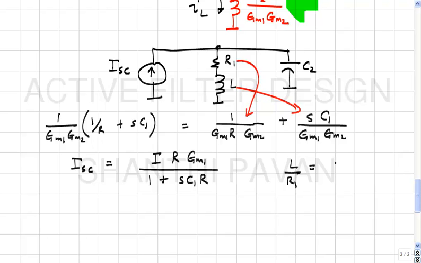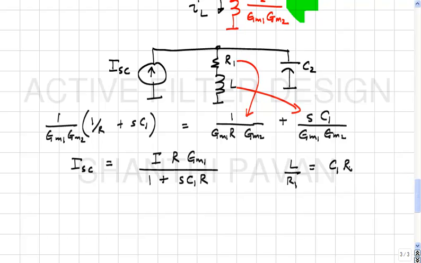Must be C1R. Okay. All right. So, the fact that you take this, and that this is to be expected.